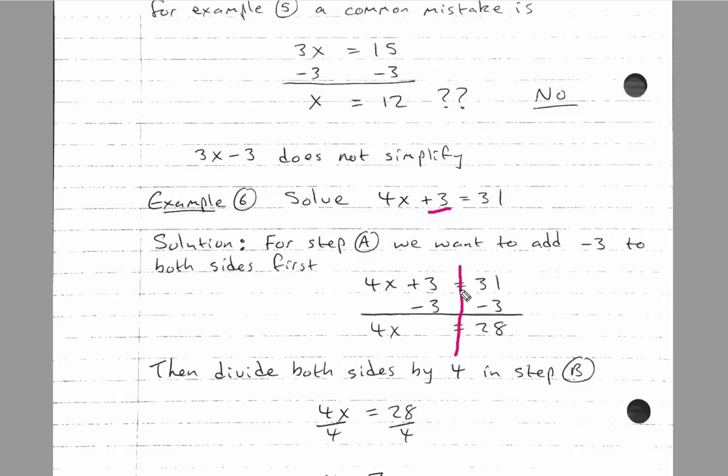And here's that equality, that's the dividing line, so make sure you're doing the same thing on both sides. So we have minus 3, minus 3. These cancel, that's 0. So 4x is equal to 31 minus 3, that's 28.